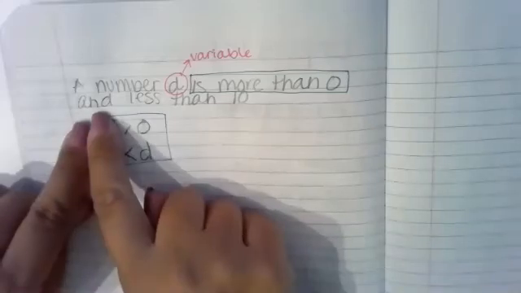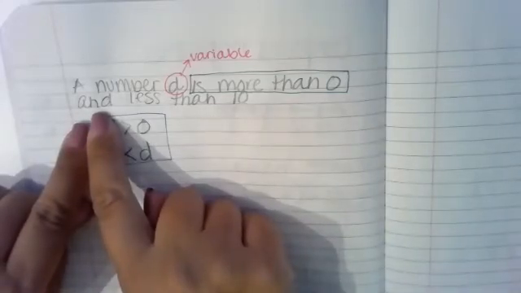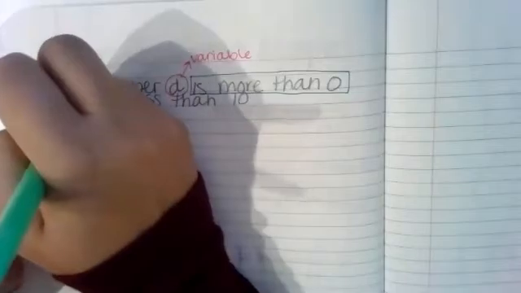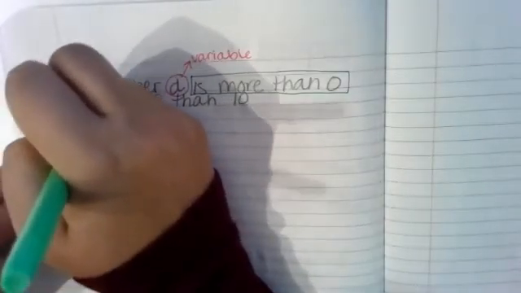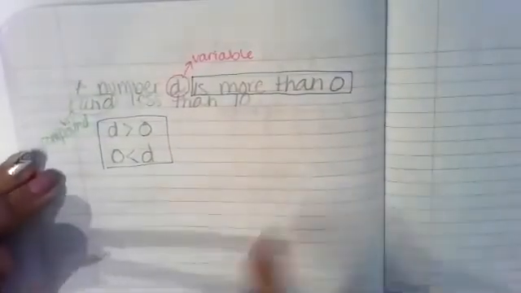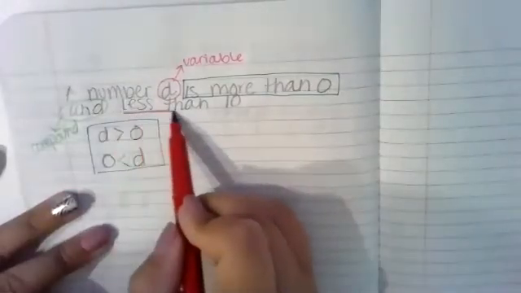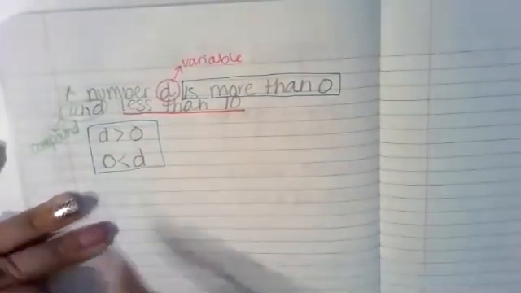This "and" lets me know that this is going to be a compound inequality. Then over here, it's telling me less than 10.